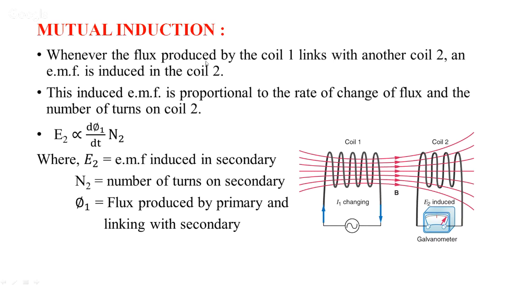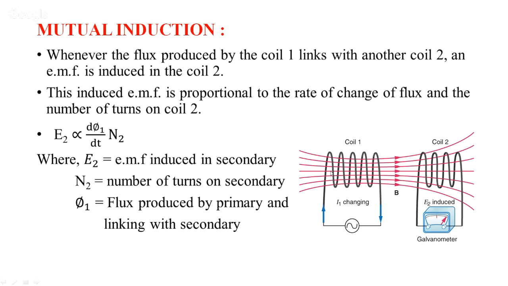This means whenever the flux produced in coil 1 links with coil 2, an EMF is induced in coil 2. Once you give supply to coil 1, a current starts flowing in the coil. Because a current is flowing, a magnetic field is set up around the coil.